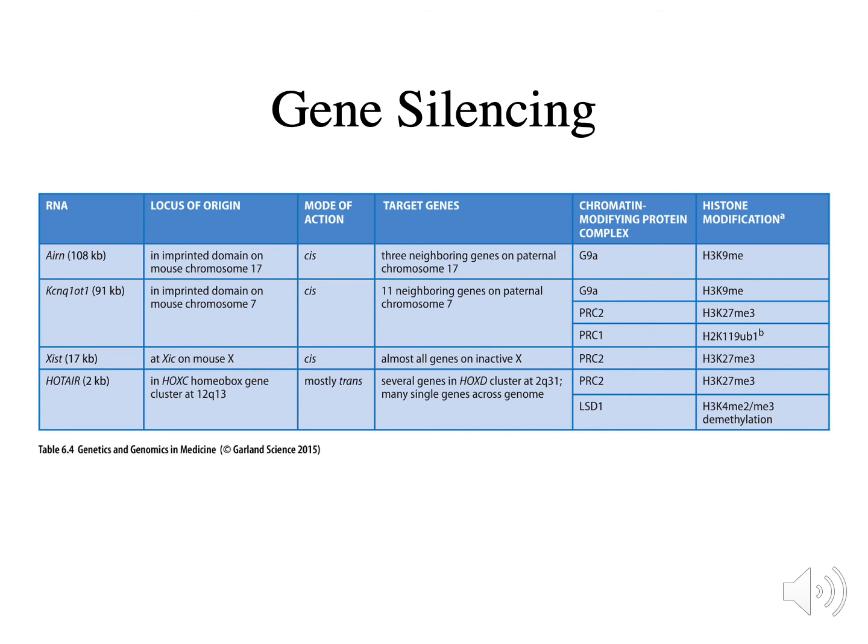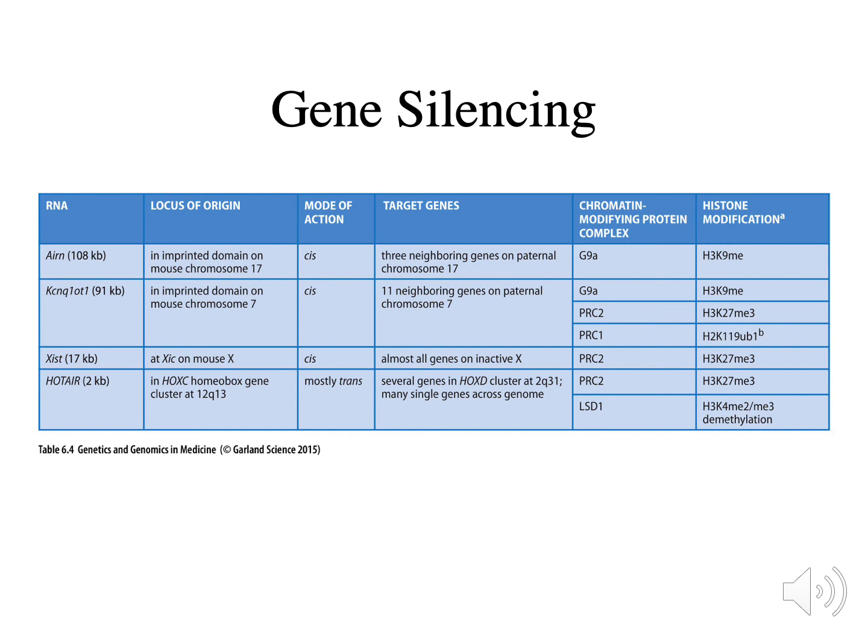Our next table talks about gene silencing as it is achieved through various long non-coding RNAs. In this table we can see that there are quite a few examples in nature. We have several different kinds of RNA listed in the leftmost column of the table, and then as we move from left to right, it gives the locus of origin, its mode of action, and which target genes there are.